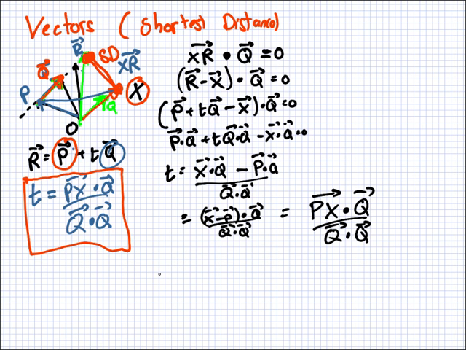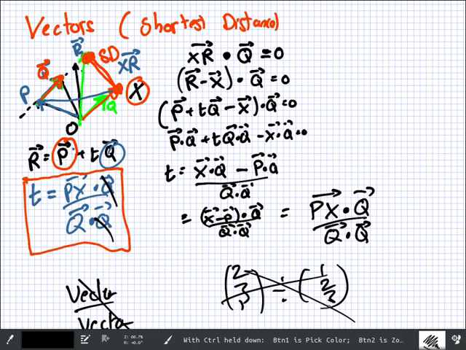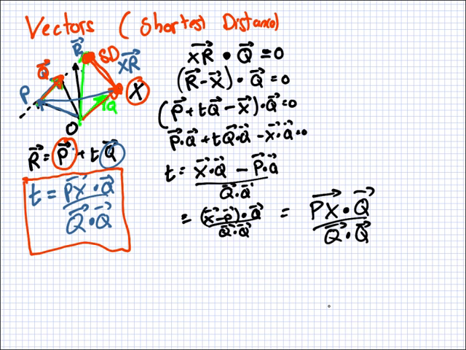The reason is that if you cancel these, then what you have is a vector over a vector, and you cannot divide vectors. Like if I said 2, 3, 1 divided by 1, 2, 3, it just doesn't make any sense. Okay, let's practice one, and then I'll show you another way to do it.